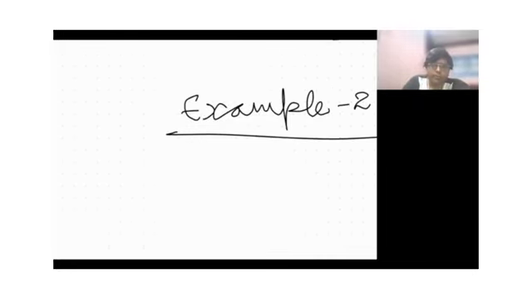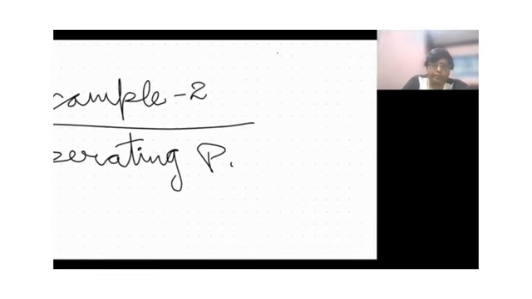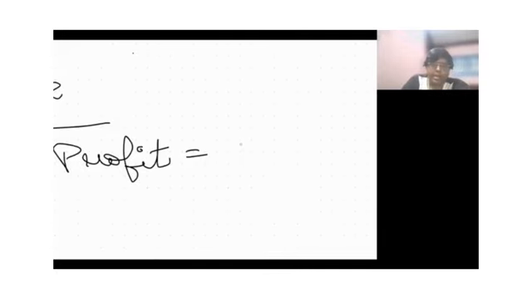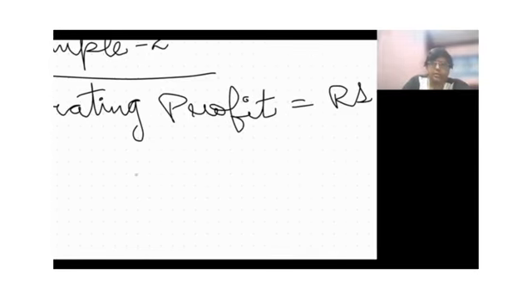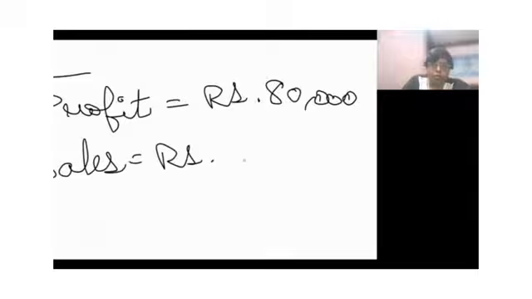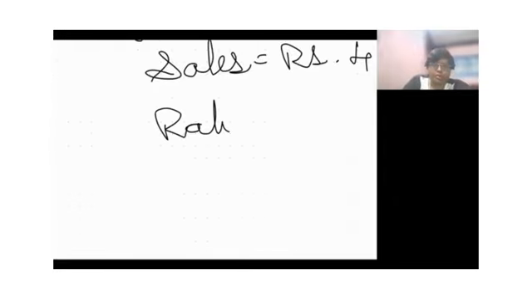Operating profit equal to rupees 80,000 and sales will be rupees 4 lakhs and ratio equal to what?